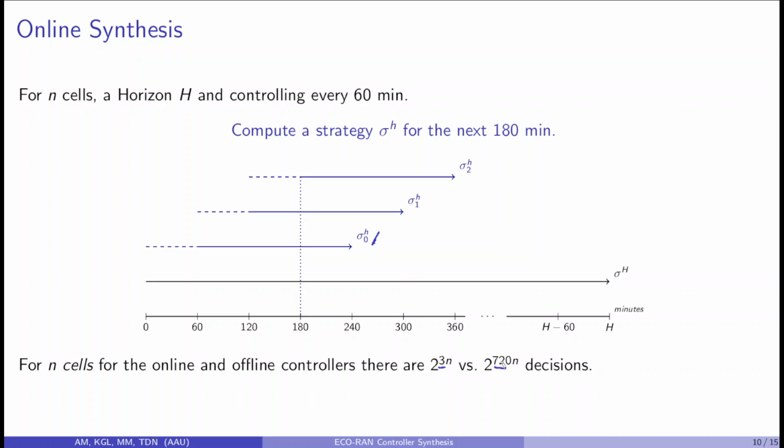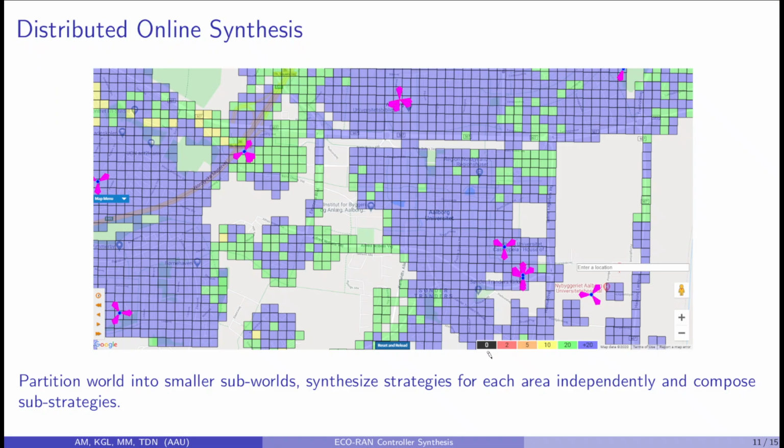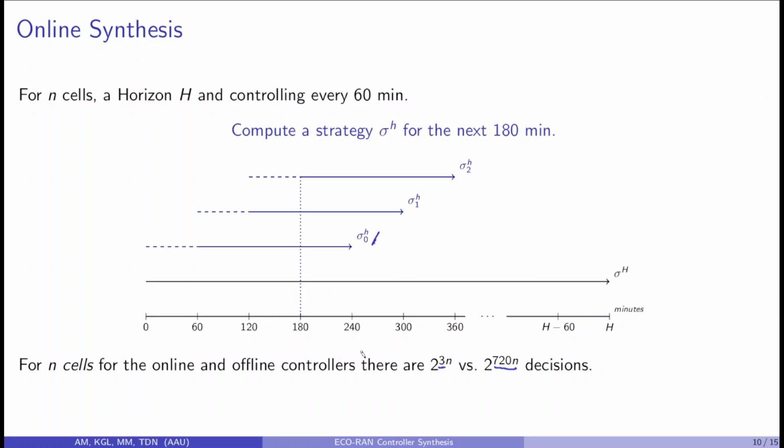Instead, if we were going to compute this big strategy, then we would need to look at this big number of decisions. Now we have a number that is more tractable, but still we have a lot of cells. If we have a scenario where we have 20 cells, we will have this number of decisions, and this is still too big.